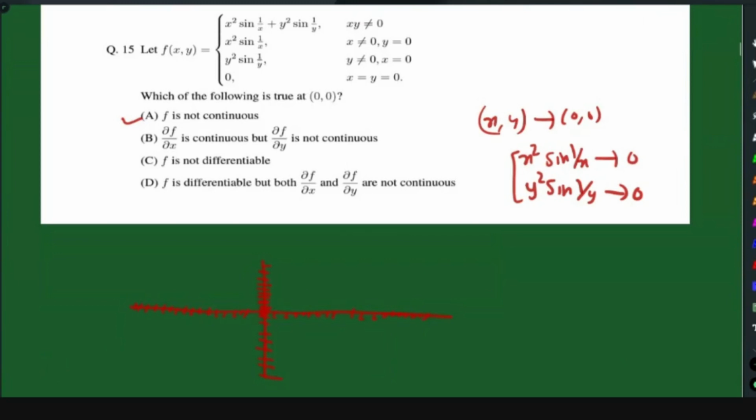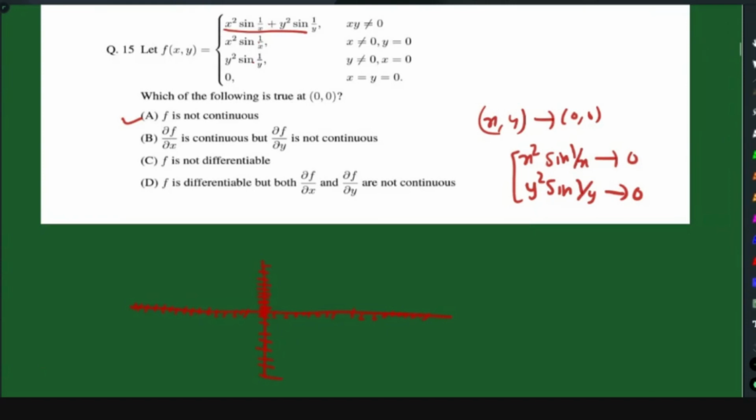Whenever (x, y) goes to (0, 0), the first component is going to 0 and the second component is also going to 0. The total sum has to go to 0, right? So as (x, y) goes to (0, 0), all three will go to 0. So that is exactly equal to f of (0, 0). So the limit as (x, y) tends to (0, 0) of f(x, y) is exactly equal to f(0, 0).